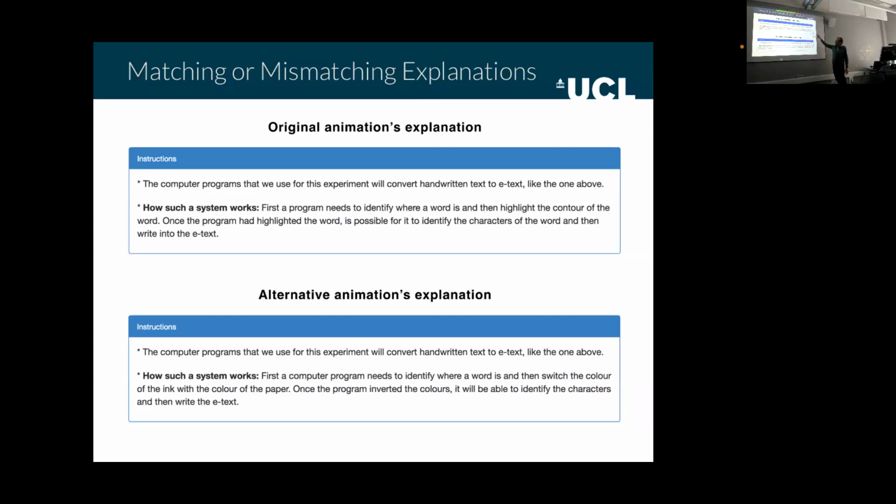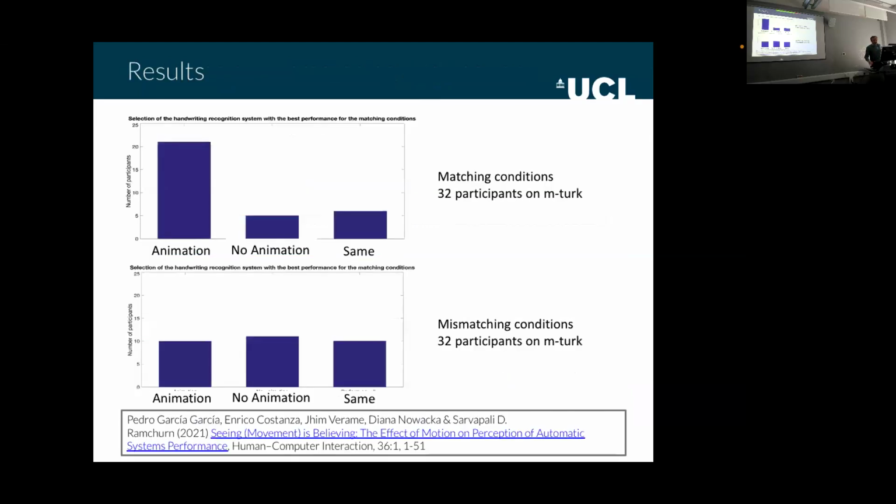Like the system works by highlighting each word and then detecting it, something as simple as that. Then half of the participants saw an explanation that was matching the animation, and the other half saw mismatching explanations and animation. And you can see that when the two are matching, the effect is there, and when the two are mismatched, then the effect disappears.